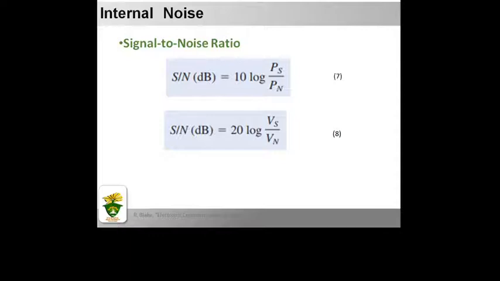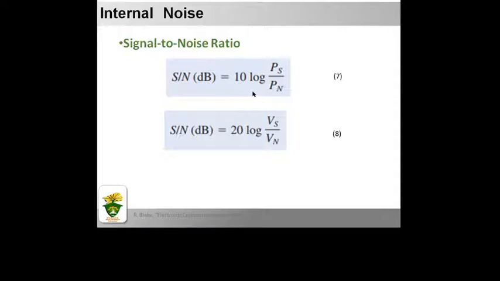In either case, it is not really the amount of noise that concerns us, but rather the amount of noise compared to the level of the desired signal. That is, it is the ratio of the signal to the noise power. This signal-to-noise ratio is abbreviated as S over N and usually expressed in decibels. It is one of the most important specifications of any communication system.